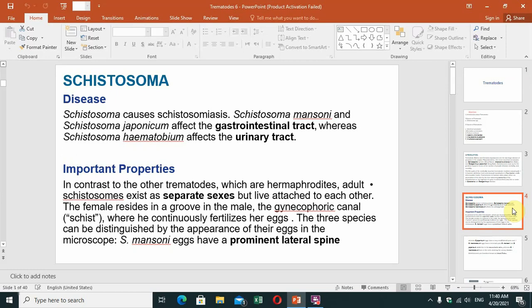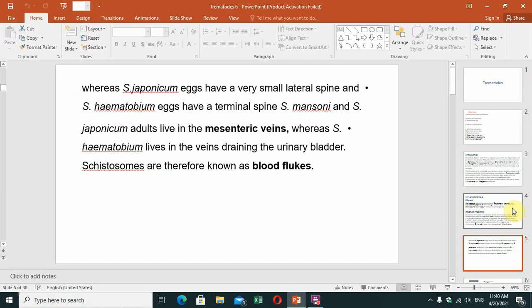Schistosoma mansoni eggs have a prominent lateral spine, while Schistosoma japonicum eggs have a very small lateral spine, and haematobium eggs have a terminal spine. إذا الأنواع الثلاثة يمكن تمييزها مظهريا باستخدام الميكروسكوب بالاعتماد على وجود أو مكان الشوكة. فإذا كانت هذه الشوكة طرفية تكون هيماتوبيوم، وفي حالة مانسوناي تكون لاترال سباين. الجابانيكم أيضا تكون الإيج الخاصة بها spherical shape، ويمكن أن توجد السباين على شكل نوب، عقدة صغيرة جدا أو أثر لهذا السباين.